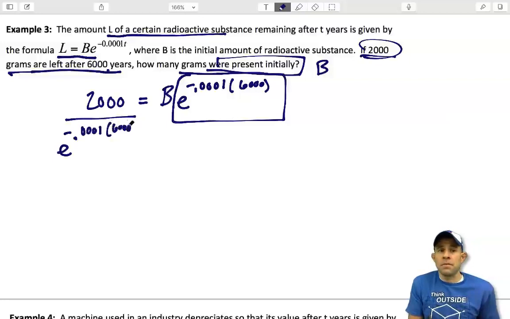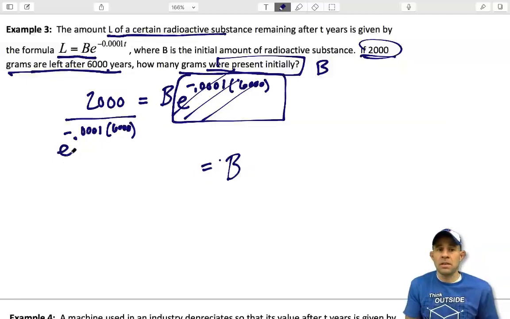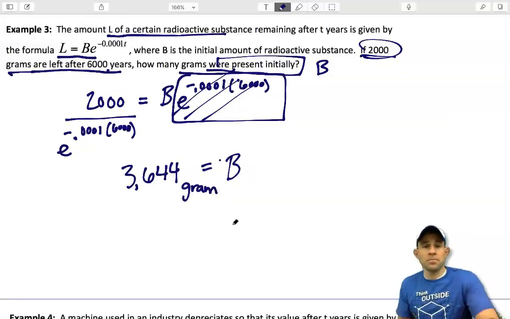Now B will be equal to 2,000 divided by E to the negative 0.0001 times 6,000. So go ahead and take a second to punch that in your calculator. When I do that, I get 3,644. So this is the initial amount that we started with 6,000 years ago.